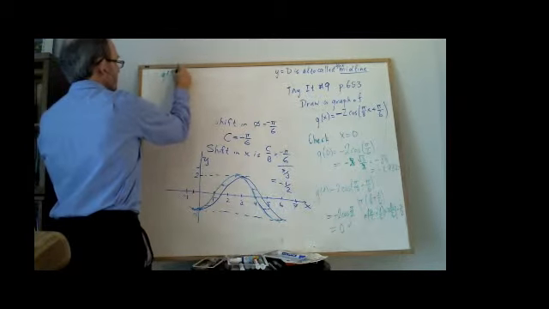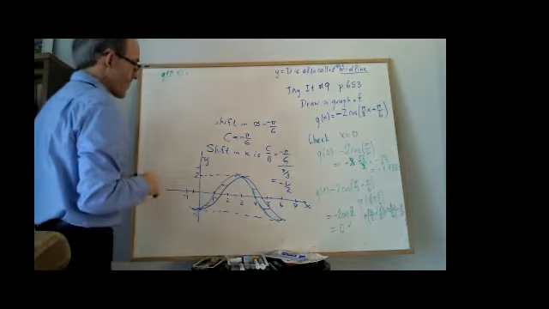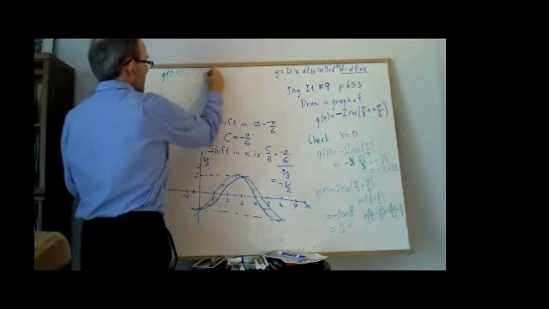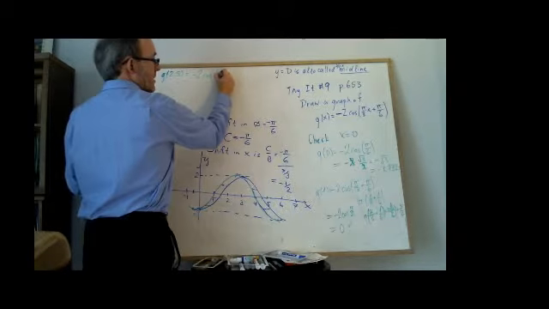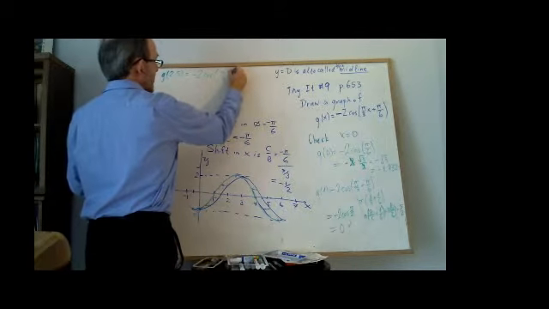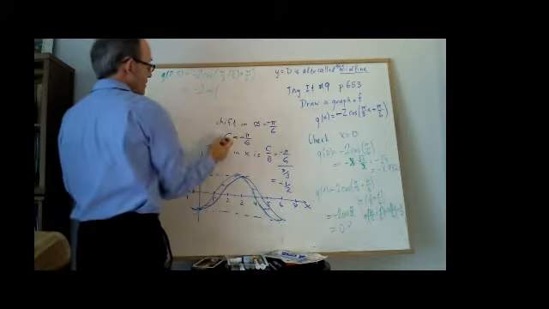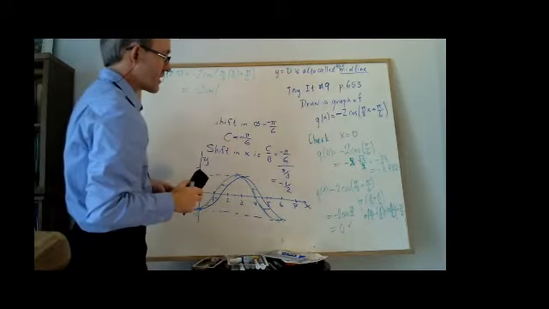G of 2.5 is -2 cosine pi over 3 times 2.5, which is 5 over 2, put in the fraction, plus pi over 6. Okay, so in the brackets, what should I get?